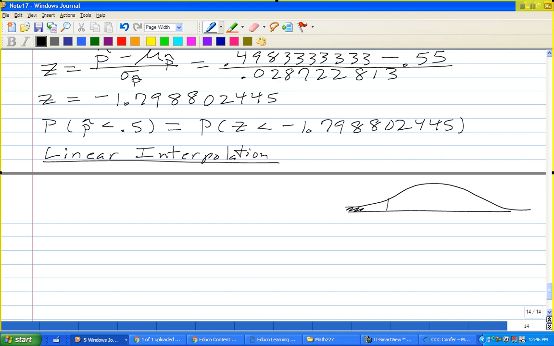So I want to find the area of this tail. And so let's call this A. So let's look at 1.79 and 1.8.